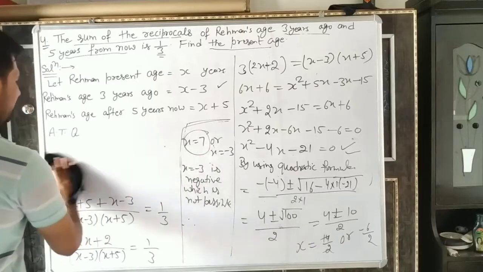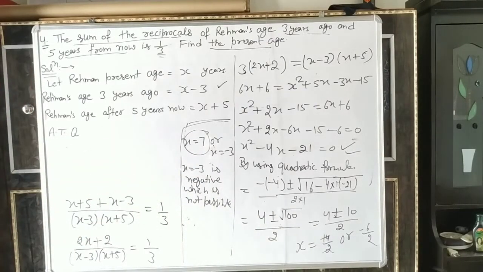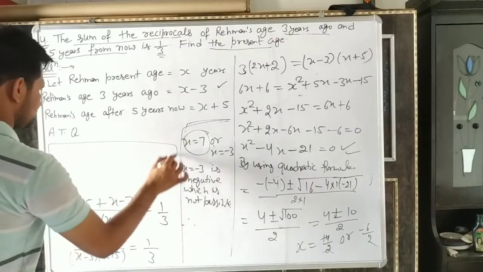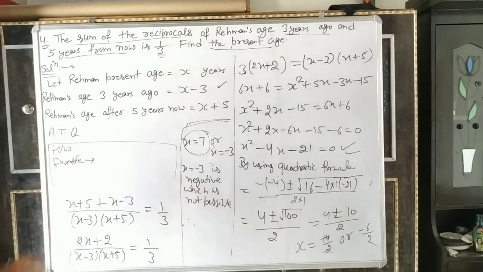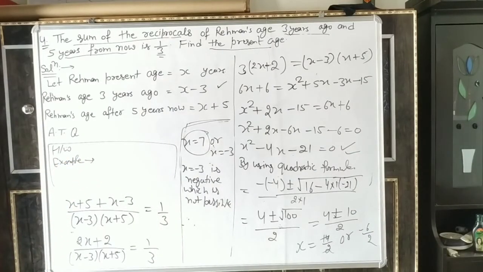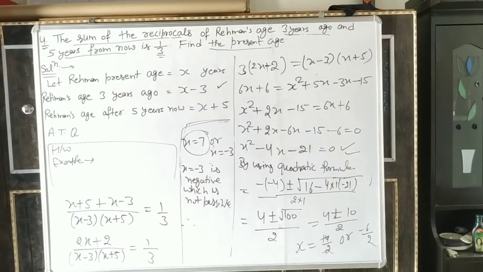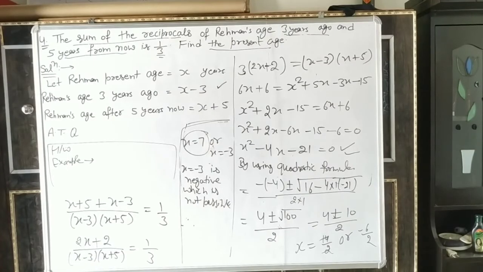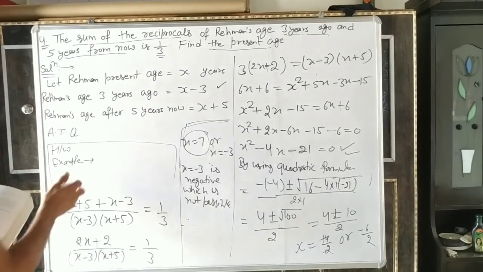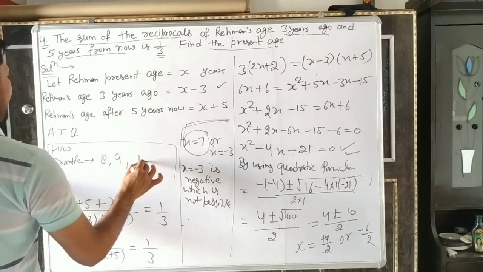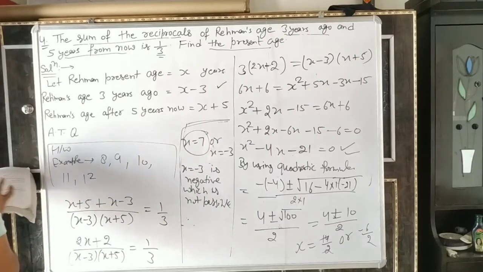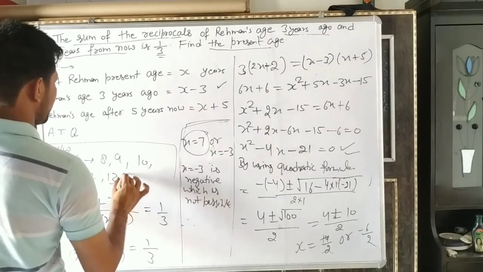You have to do one more. This type of question is very important. For homework, do example numbers 8, 9, 10, 11, 12, 13, 14 and 15.